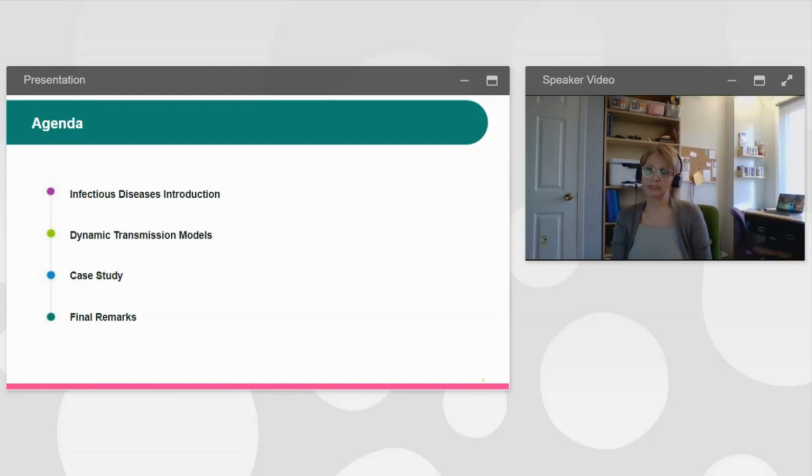Then we will present a specific case study of infectious disease modeling using influenza as an example. And in the end, we are going to give final remarks with the list of potential applications of infectious disease modeling in the pharmaceutical industry.